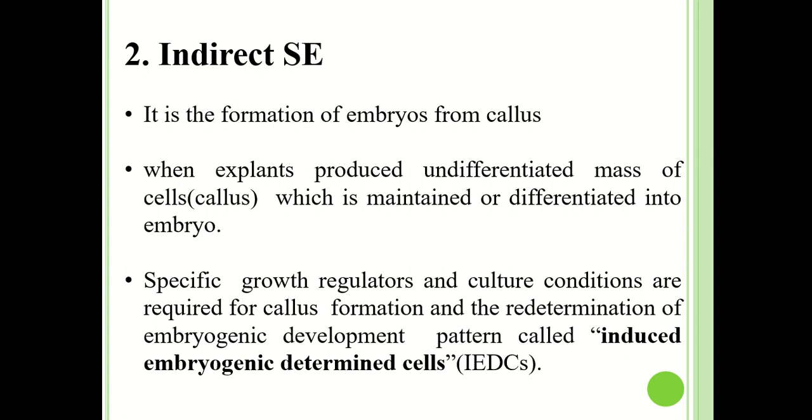As we provide specific growth regulators and culture media to the callus, there is redetermination of embryogenic development, and this redetermination is in the induced embryogenic determined cells. So those cells are called IEDCs.